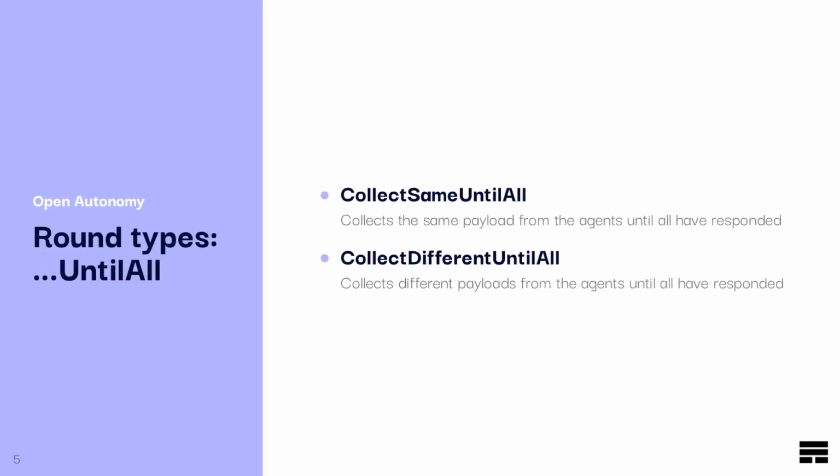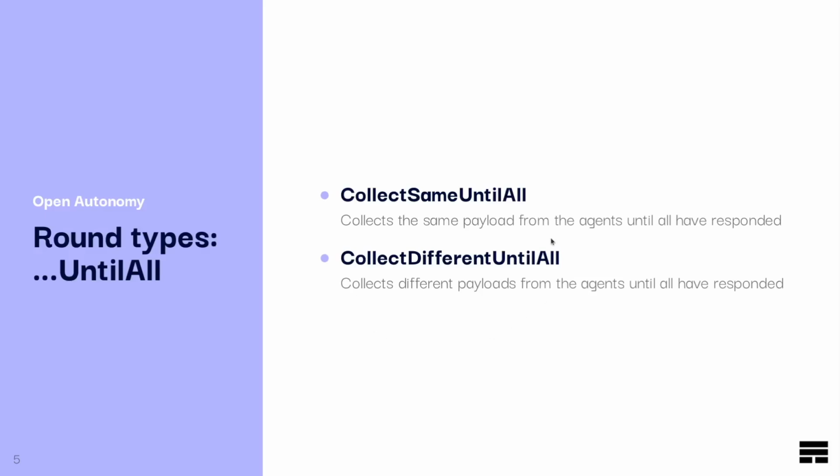The first rounds that we are going to present are the rounds that wait until all agents have responded. You can identify these rounds because they end with "until all". So we have two rounds of this type, one which is collect same until all, which collects the same payload from the agents until all of them have responded, and the other one is collect different until all, which collects different payloads from the agents until all agents in the service have responded.